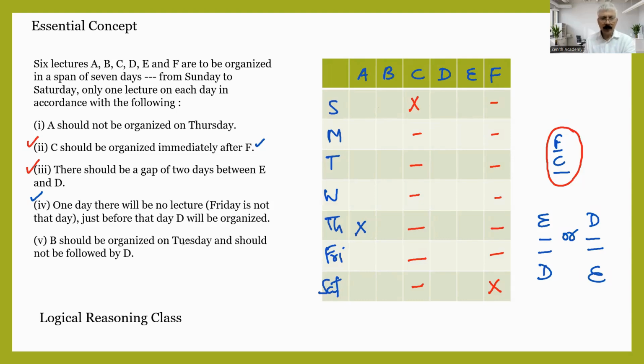So the day when there is no lecture, just before that no lecture day, lecture D will be on. Friday is not the no-lecture day, so Friday is a working day. Since Friday is a working day, lecture D, which is just before the no lecture day, possibility on Thursday is ruled out.